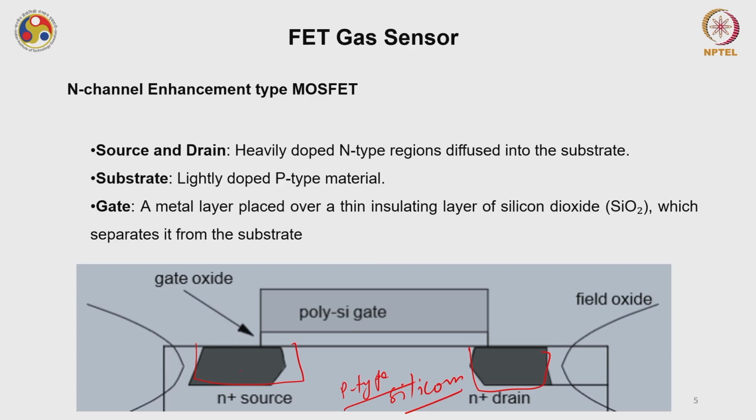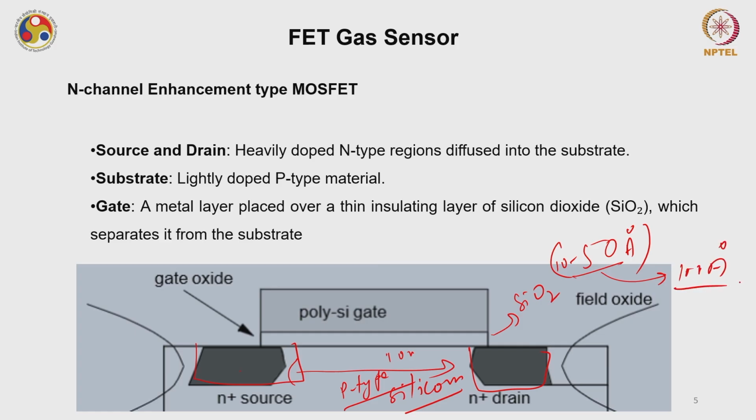Then you have a gate, a metal layer placed over a thin insulating layer of silicon dioxide. Mostly this is SiO2. The thickness of this gate oxide, which separates the gate from the substrate, is around 10 to 50 angstrom. Even if the channel is much longer than 100 nanometer, say even a micron long, the gate oxide is not above 100 angstrom thick.